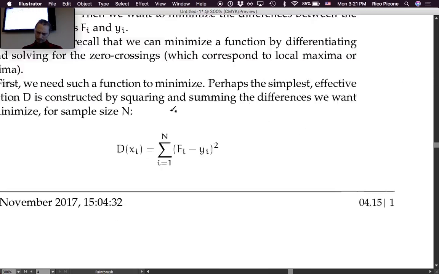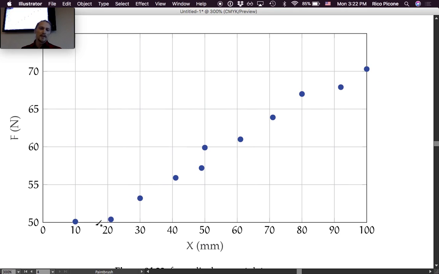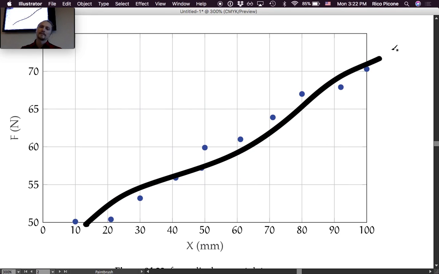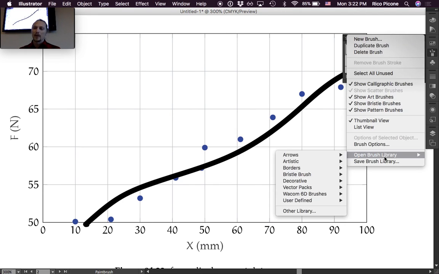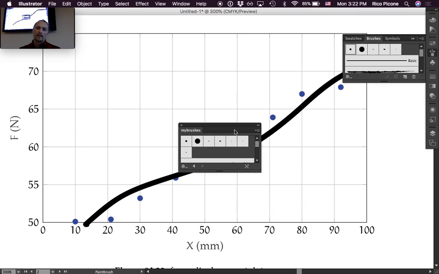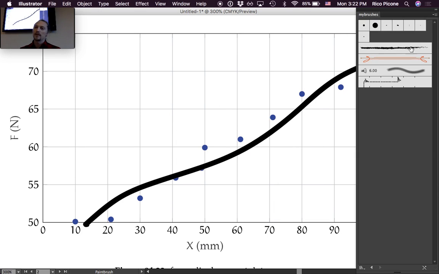So coming back over here, we want to draw some function. I'm going to switch over to the custom library because I like to draw with my own brushes.